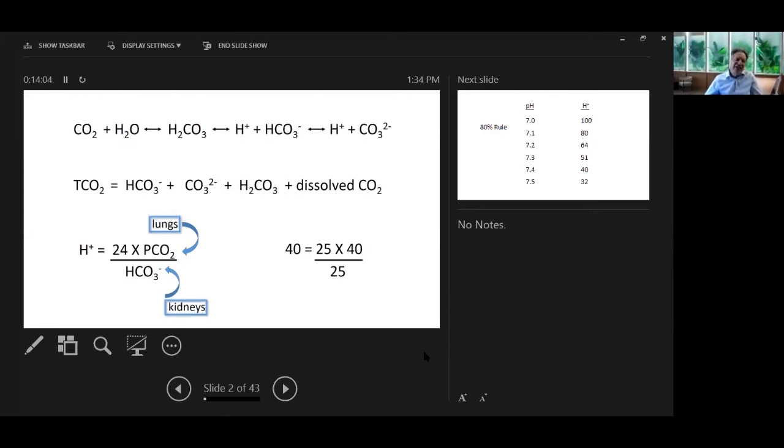Practically, clinically, when you get back the total CO2 from your chem panel, it basically is equal to bicarbonate, but it's a little more than that because there's also some carbonate, carbonic acid, and the dissolved carbon dioxide, which is the most, other than bicarbonate. The dissolved carbon dioxide is 1.2 millimolar.